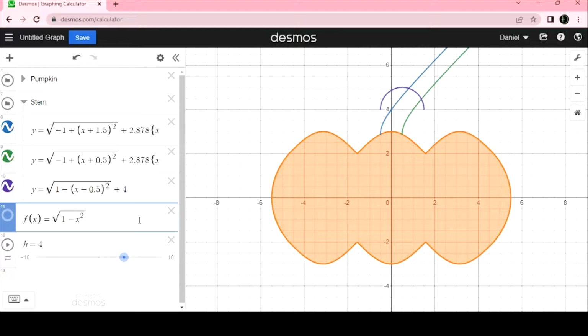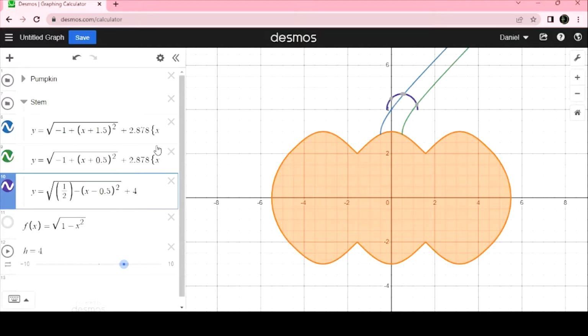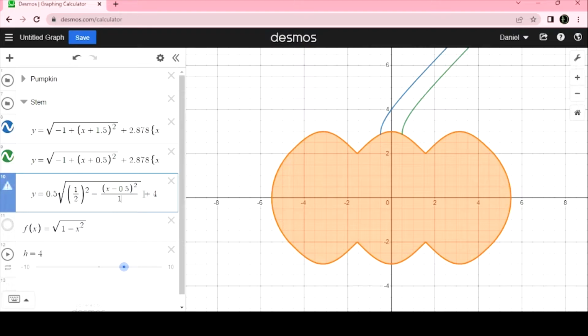So at this point, just so we have the radius. And we'll flatten this out. And we'll stretch it by just a smidge.